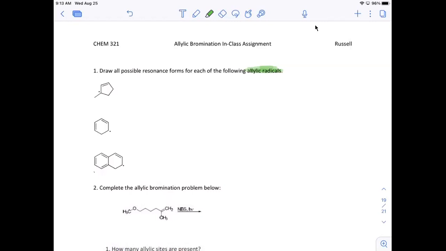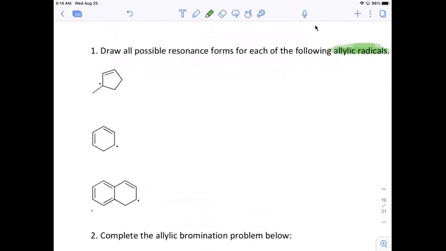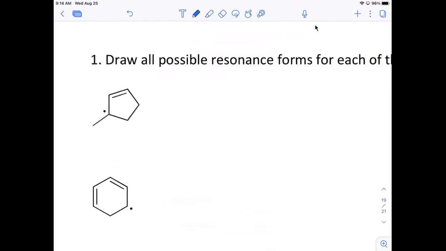We have allelic cation, allelic anion, an allelic radical, and a 2-atom unit where the charges were adjacent to one another. So an allelic radical, this is an example of one. It's allelic because of the location of that alkene relative to the radical.